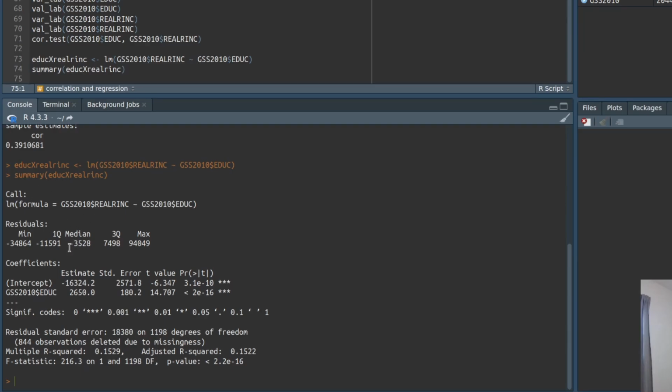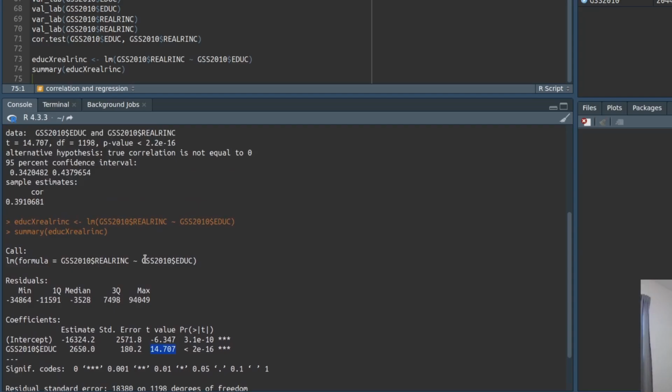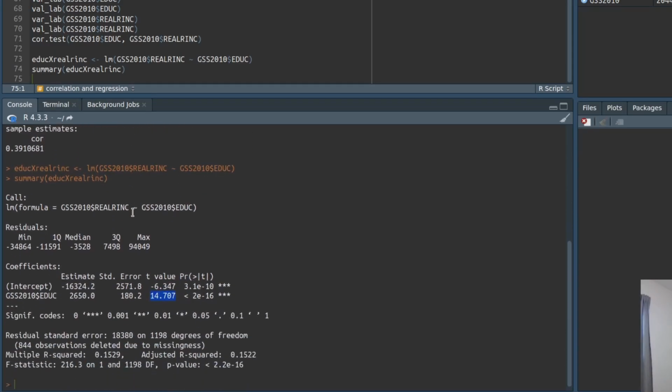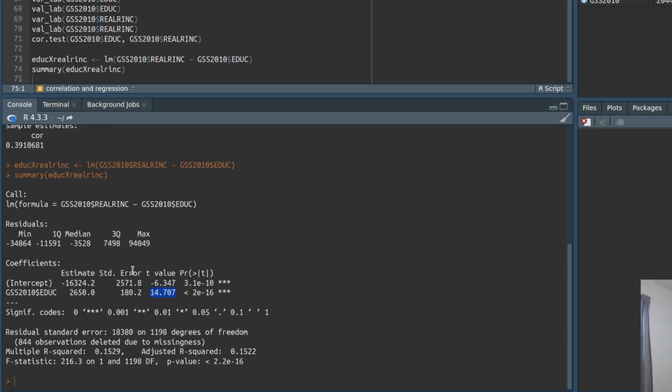This is giving us a bunch of useful information. This is really the key, and then we'll come down and talk about our R-squared as well. So this is our independent variable, education. That's our test statistic right there. That's the p-value. Education is a statistically significant predictor. That's great. If anybody was paying attention, the t-value and the p-value are exactly the same as they are here. So correlation and regression are very, very similar in how they function.